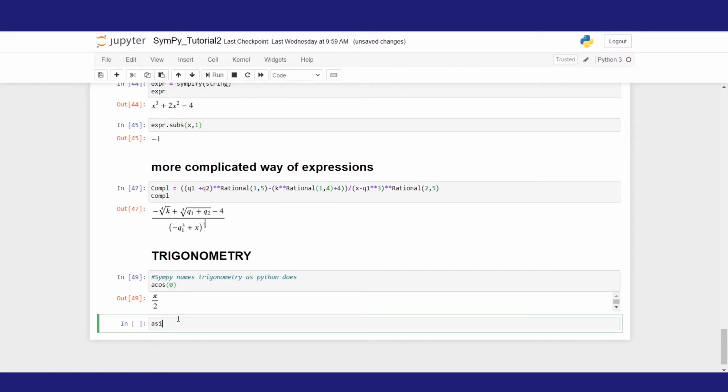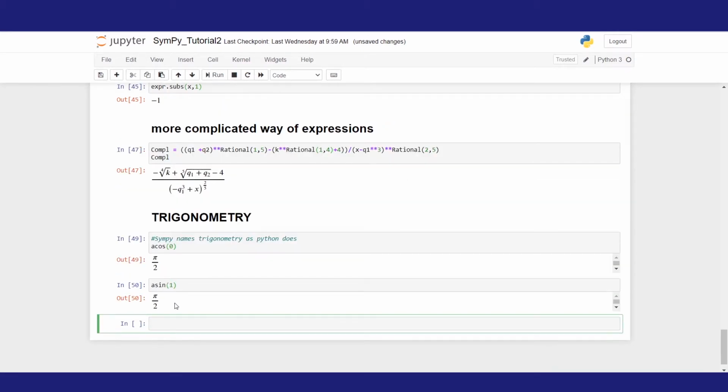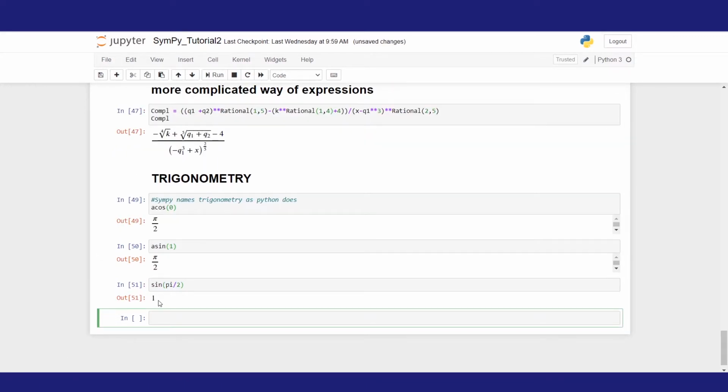Let's look at the arcsine of 1. Let's see what we have. That will give us pi over 2, since it is the sine inverse of 1 that gives us 90 degrees. The same thing if we were to say sine of pi over 2, it would just give us 1.